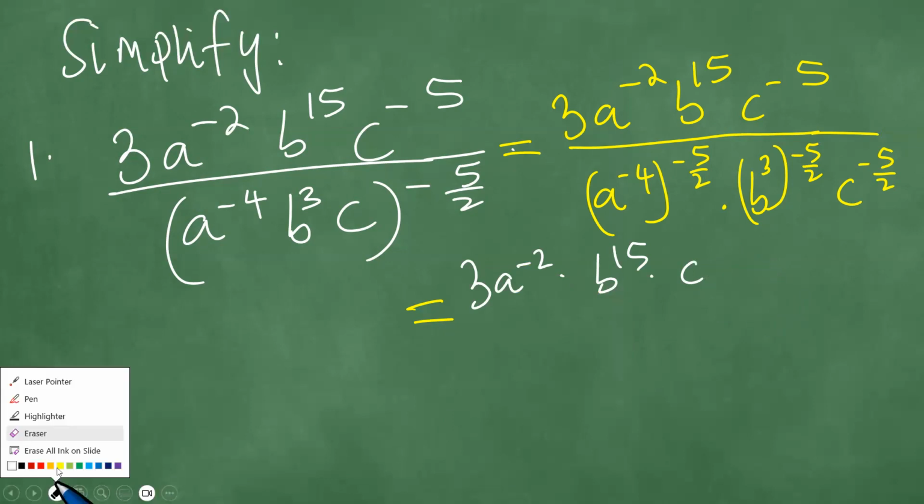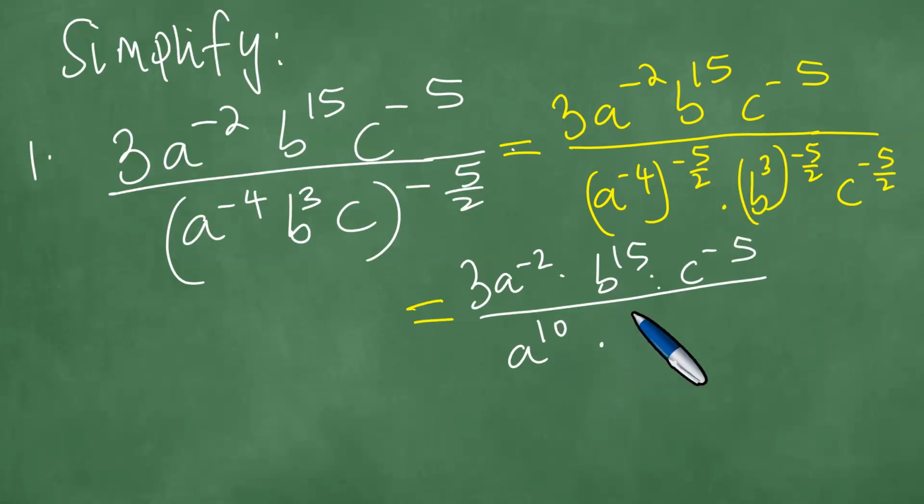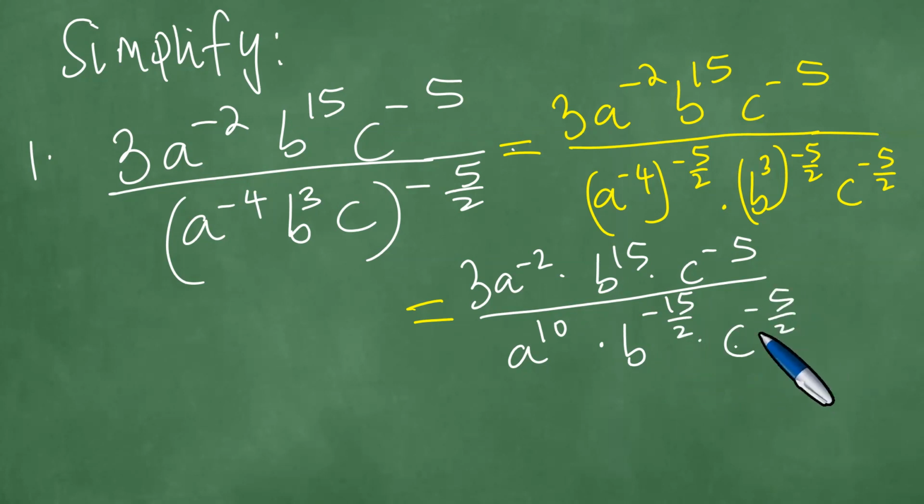So which is exactly minus 5 divided by, so this is a to the power. So here, what is 4 times 5? Is 20 divided by 2 is 10. And then this one here is b to the power minus 15 over 2. And then this is c to the power minus 5 over 2.